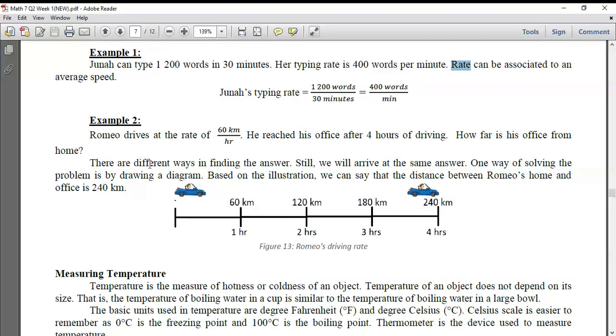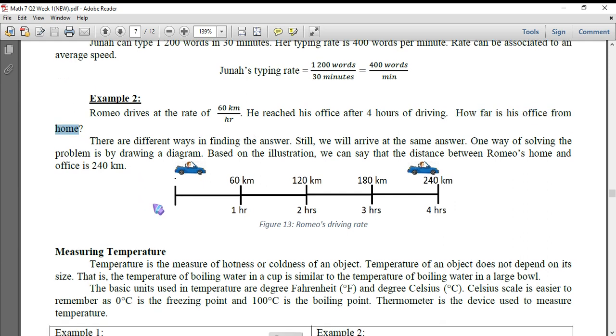Okay? So example number 2, Romeo drives at the rate of 60 km per hour. He reached his office after 4 hours of driving. How far is his office from home? So ngayon, kung ito yung speed niya, ito yung rate niya, in 4 hours of driving, how far is the office from home?